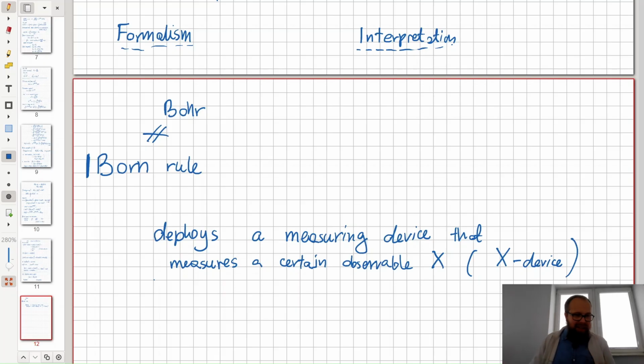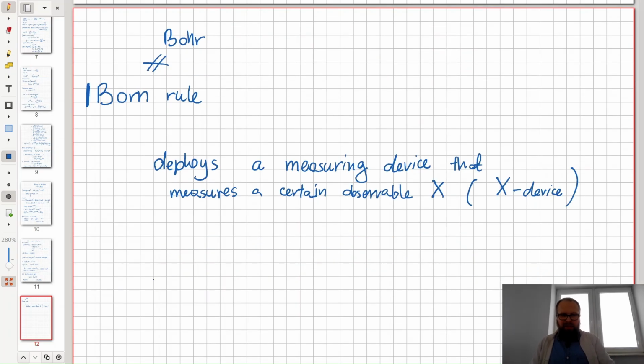What is specified: there are two requirements we place on the measuring devices. Don't ask me to write requirements, it's just beyond my capabilities.